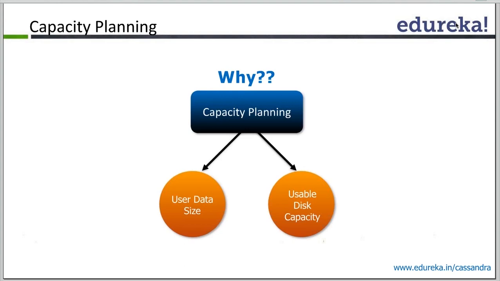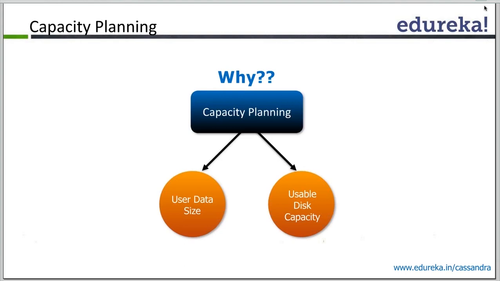You have memtables, which get written to SSTables, and SSTables have to be combined and put back for compaction, creating new SSTables. So there's a lot of activity that happens internal to the Cassandra node. As a result, the disk capacity usable for application purposes will be much less than the actual disk capacity.